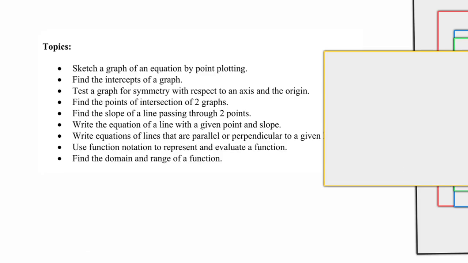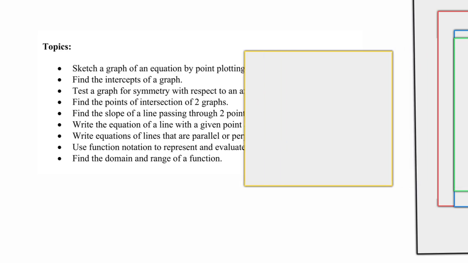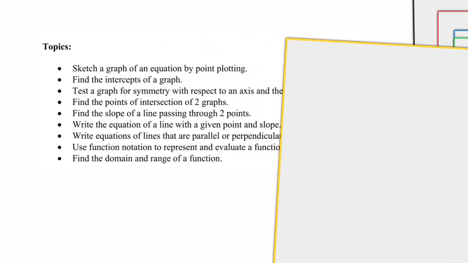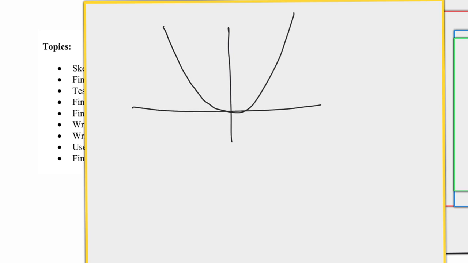And the third thing is to test for symmetry. For example, we can test for symmetry with respect to an axis. We can have this function, y equals x squared, with symmetry with respect to the y-axis. Why is there symmetry? Because I choose one point, the point x, and I see the value of the height at the point x, which is x squared.